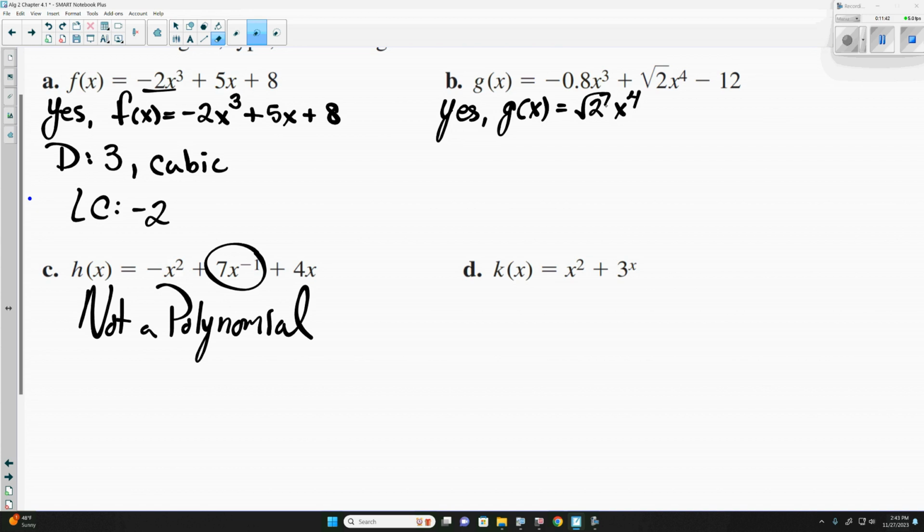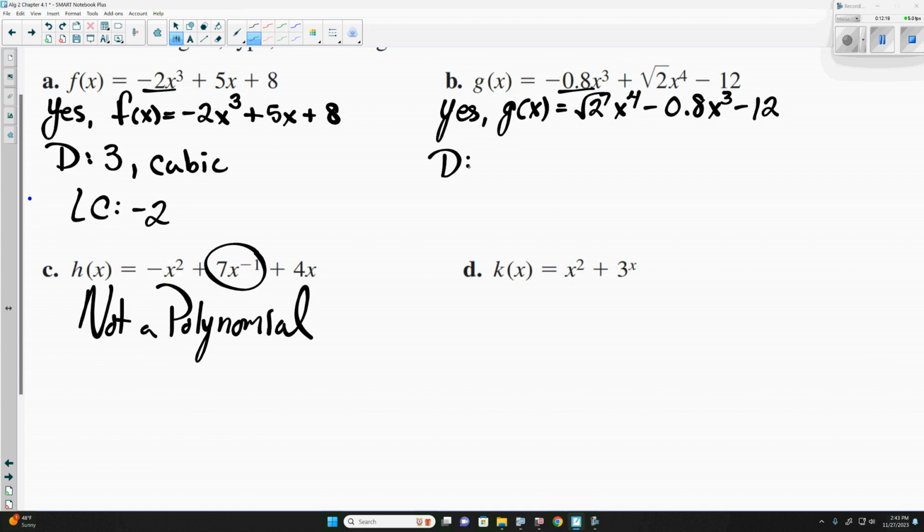Is there x to a third? Yeah. So it would go next. So our minus 0.8 x to the third. Well, minus 12. Because if we did have an x squared term, it would go after the x cubed. If we had an x term, it would go after it. Biggest to smallest. So if there was an x squared term, we would write it after the x cubed. X would follow it, and then constant is last.